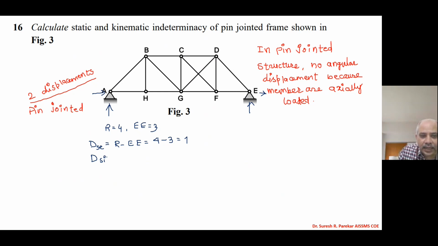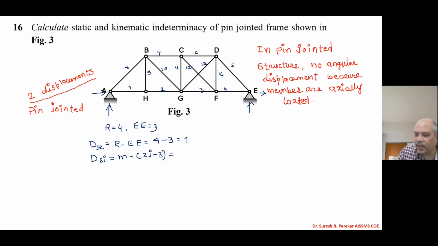Now DSI, this is pin jointed, we have formula m minus 2j minus 3. Now m we have 1, 2, 3, 4, 5, 6, 7, 8, 9, 10, 11, 12, 13, and then 14.